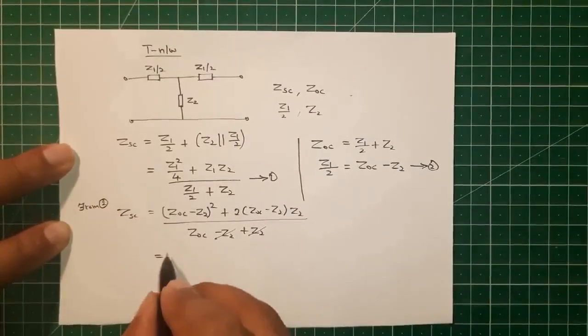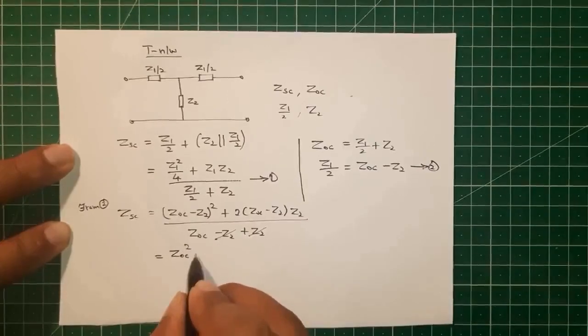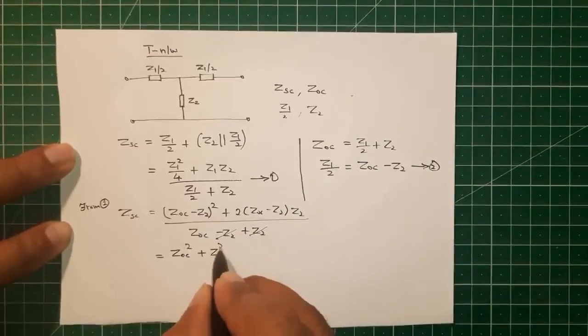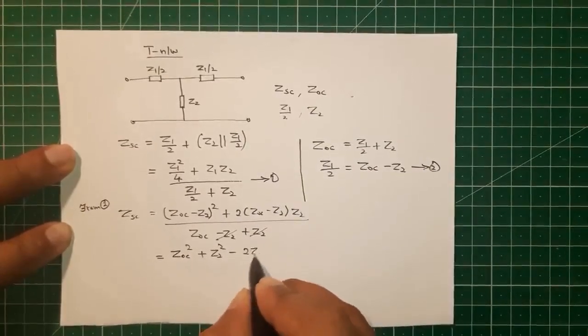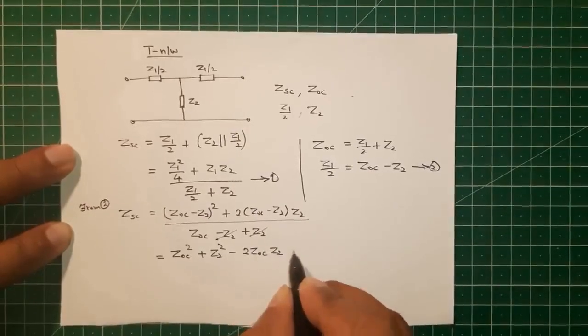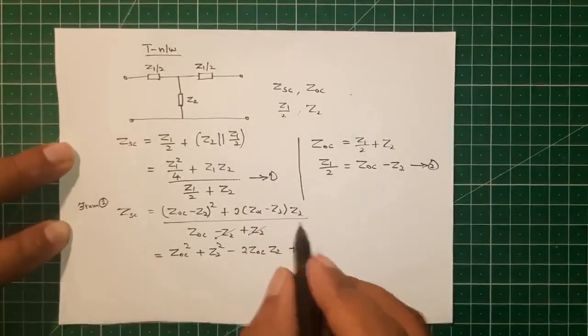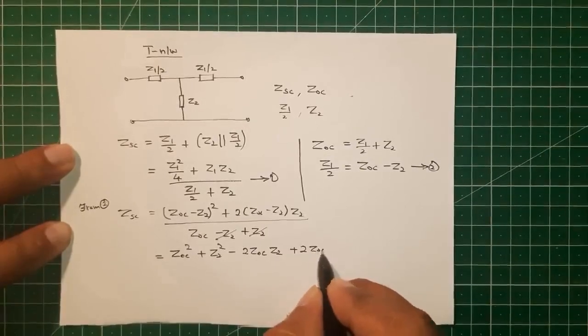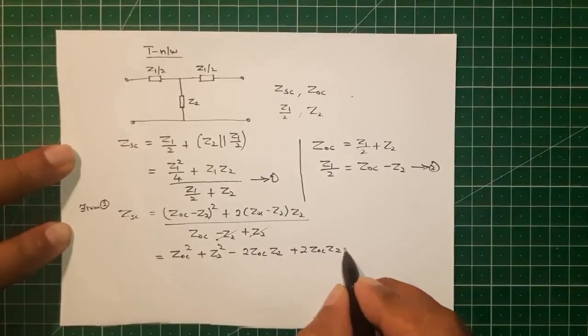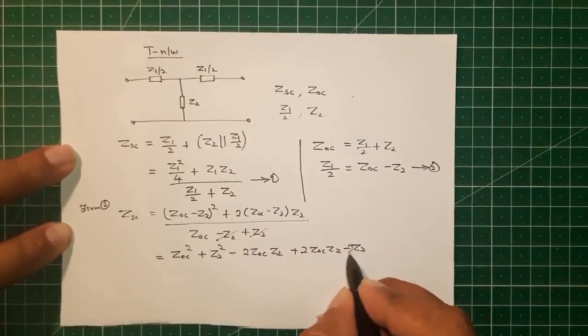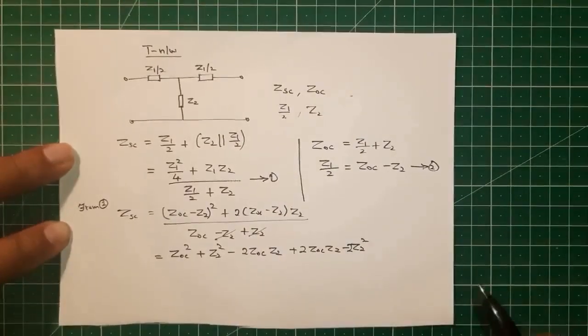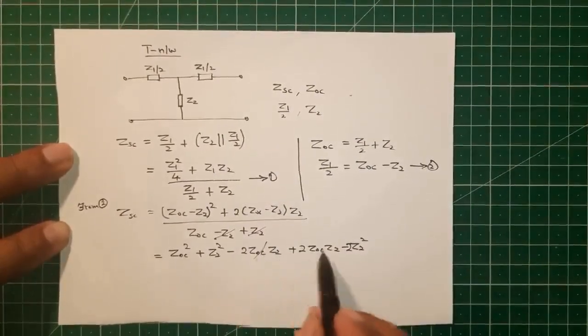We can open this bracket. ZOC square plus Z2 square minus twice ZOC Z2 plus twice ZOC Z2 minus twice Z2 square. Also some terms could be cancelled here itself.